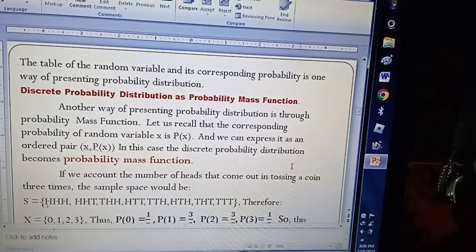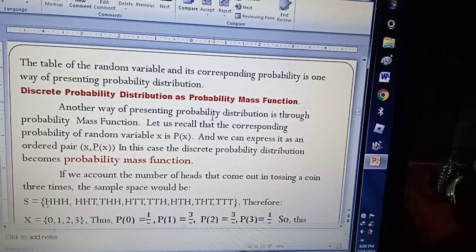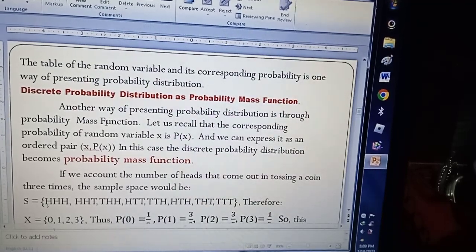So, the table of the random variable and its corresponding probability is one way of presenting probability distribution. But there are still other ways. That is through the probability mass function.